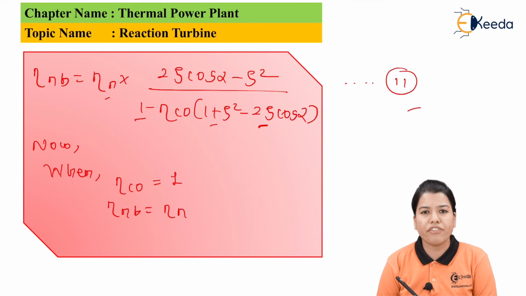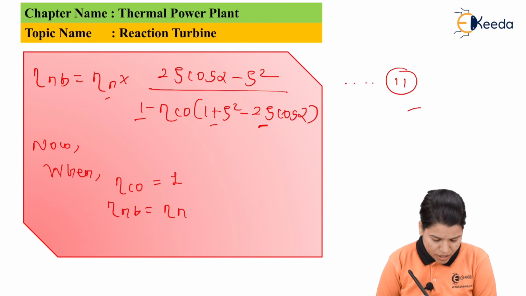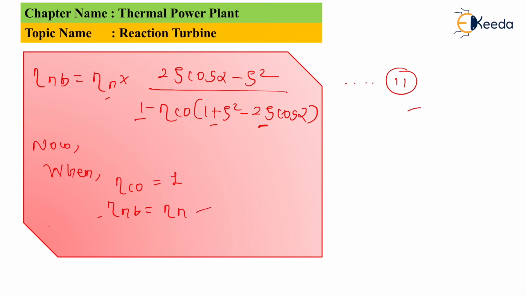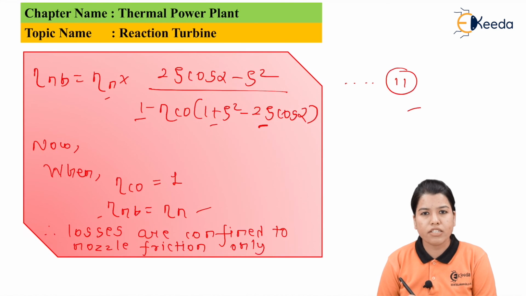Now when the carryover efficiency is equal to 1, at that time the combined efficiency of nozzle and blade is equal to efficiency of nozzle. Hence we can write, so it is clear that the losses are confined to the nozzle friction only.